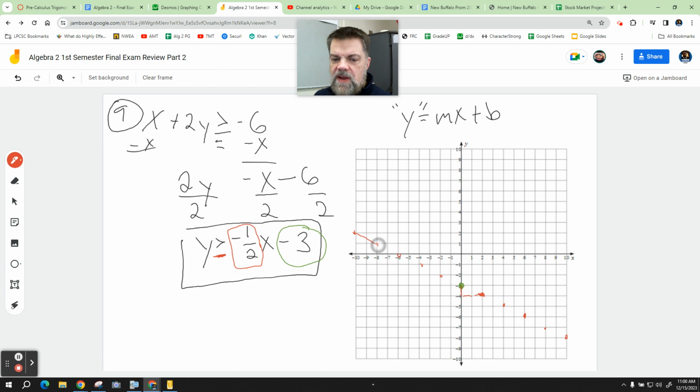Now, mathematically or conceptually, what that means is that I'm going to define an area on this graph where any x-y combination, in other words, if I pick a point in the shaded region, that x comma y will satisfy or make this inequality true. The solid line says we can include the points on the line. A dotted line says everything that's shaded, but we're not including things on the line.